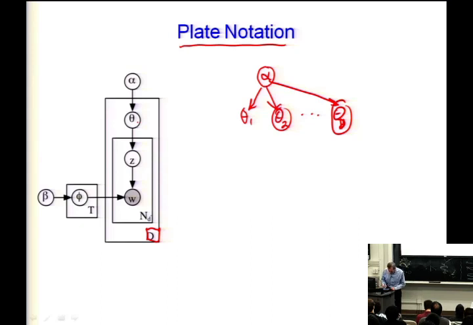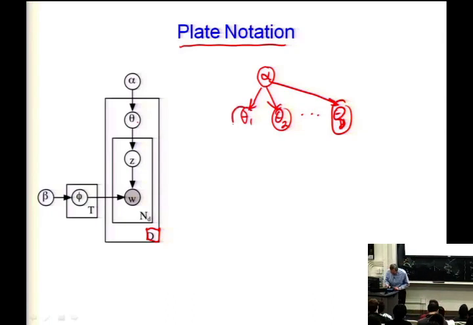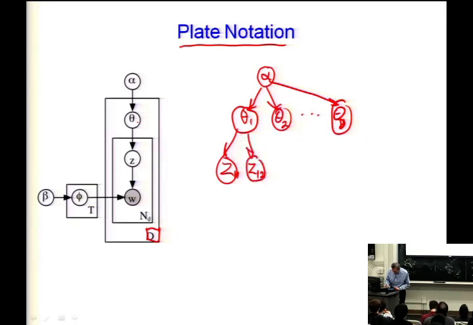And D, by the way, stands for document in our topic model. And so for each document in our set, we're generating some random variable theta. And then for each of the N words inside each document, we're generating Z. I'll call this Z 1,1 and this Z 1,2, up to Z 1,N_D.